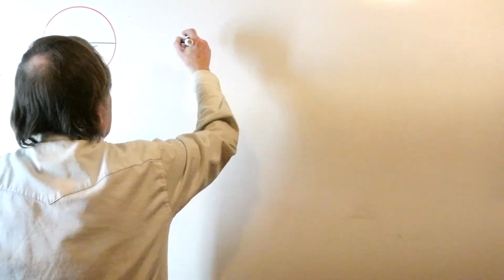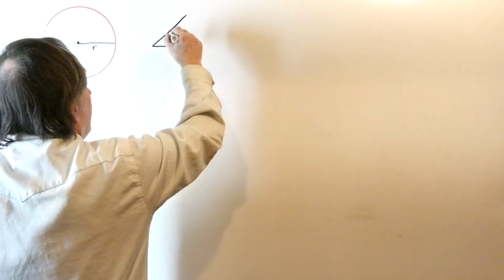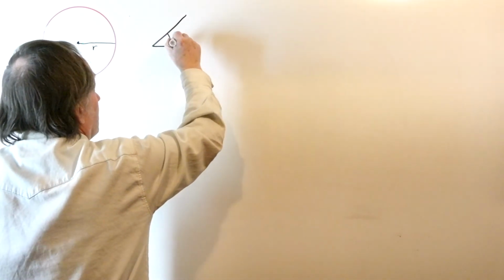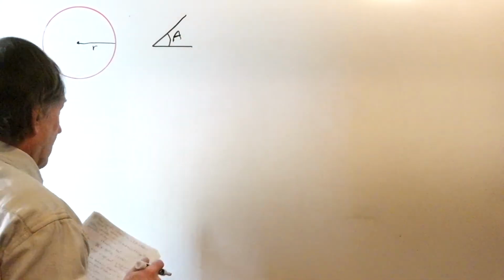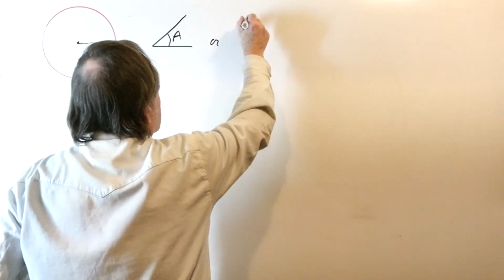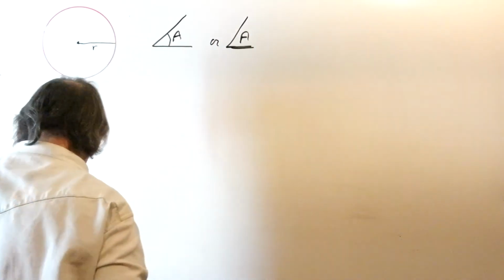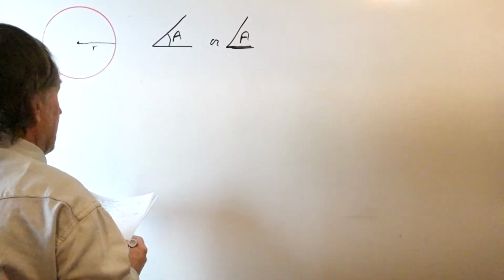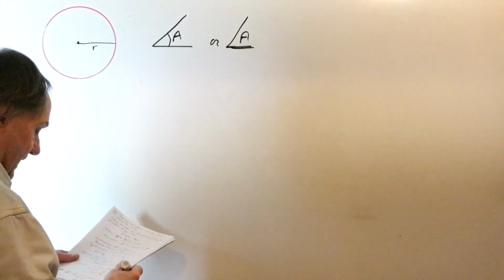To designate angle A, we draw an angle and put an arc in there and call that angle A. Or sometimes, without putting that arc in there, I'll just call it angle A. These mean angle A. The same for the measure of angle A.